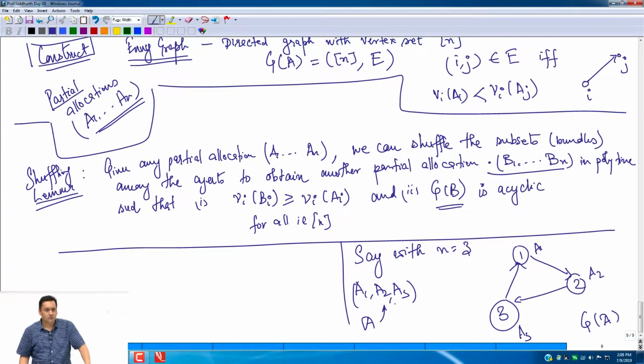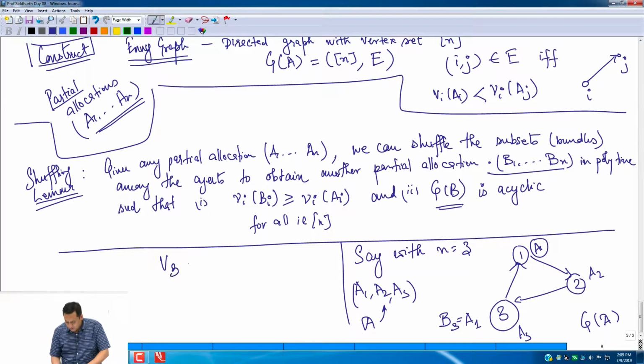My question to you, what's a simple idea I can employ to get rid of this cycle and achieve the lemma? Yeah, just shuffle, go in the opposite direction of the cycle. You look at A3 and you now assign it to 3, look at A1, so B3 becomes A1, you move in the opposite direction. A3 is actually happier, right? So this NV edge, what did it mean?